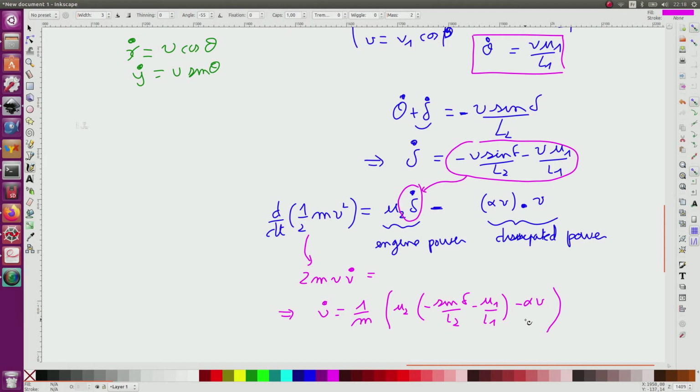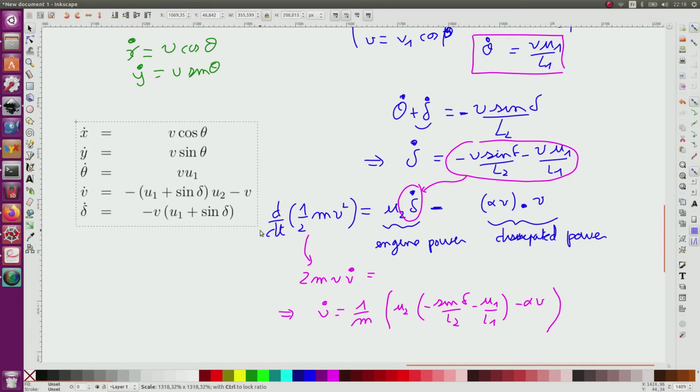And from this I have obtained the state equation I had to prove.